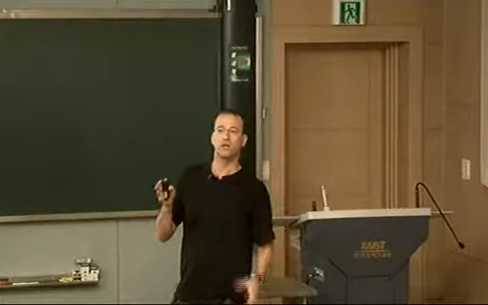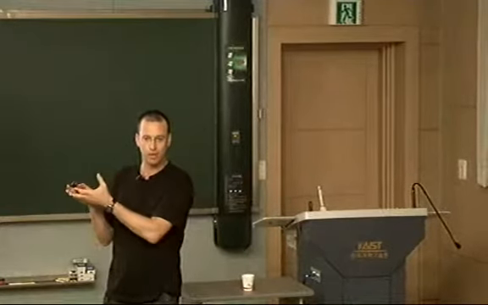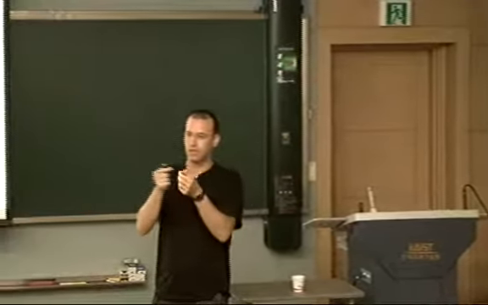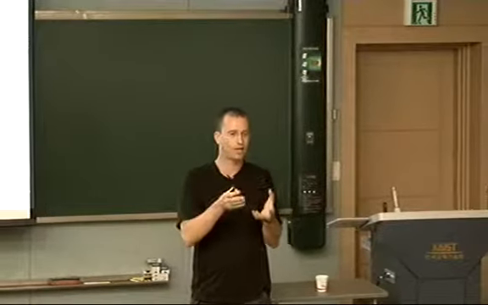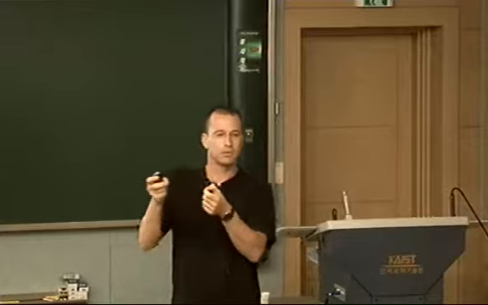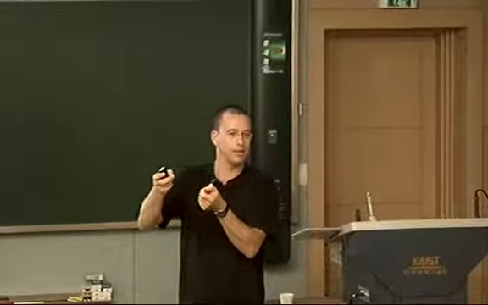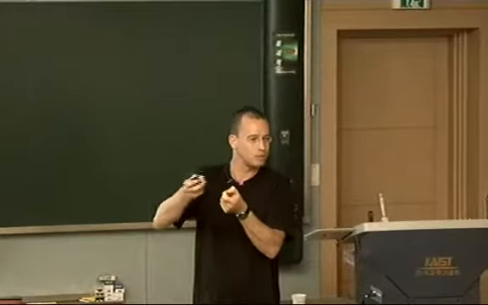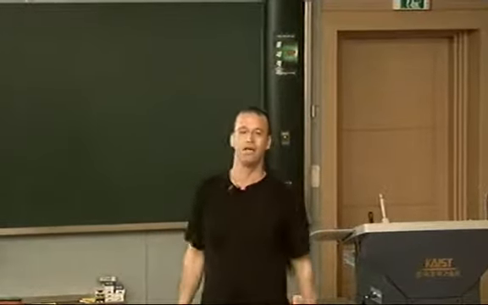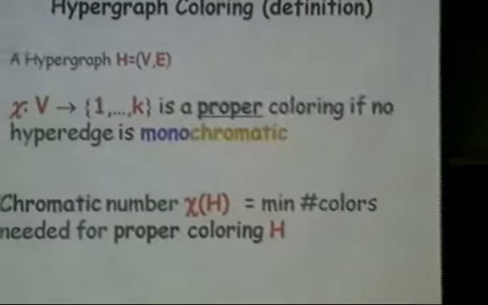And this notion coincides with the classical graph coloring when the hypergraph is just a graph. So if we have a graph, which is a finite set plus some collection of pairs, a non-monochromatic coloring of such a pair must mean that the two endpoints of the edge have different colors. So it's just a graph.